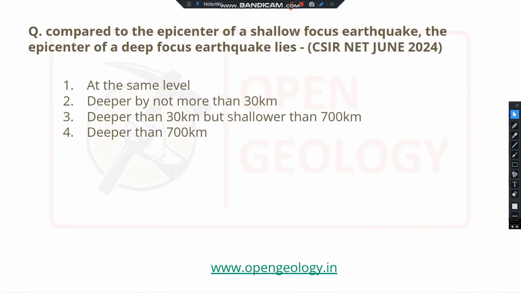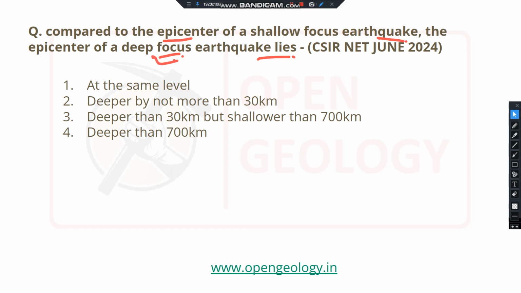It is about the epicenter and focus. The question is: compared to the epicenter of a shallow focus earthquake, the epicenter of a deep focus earthquake will be? This is a little bit of a tricky question. Even if you know it, you can get confused.